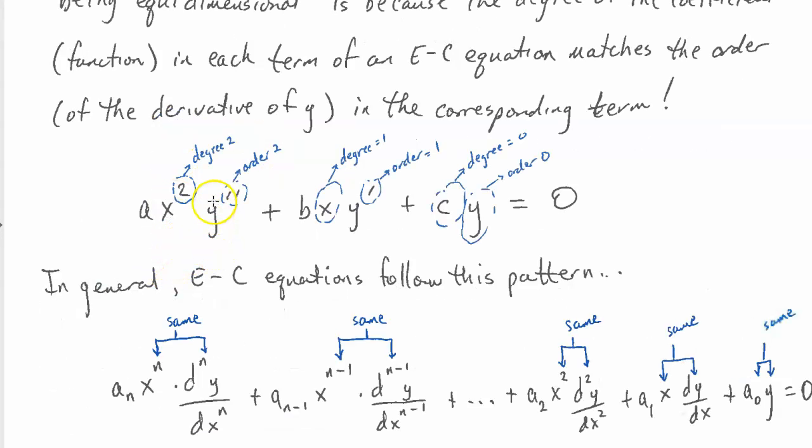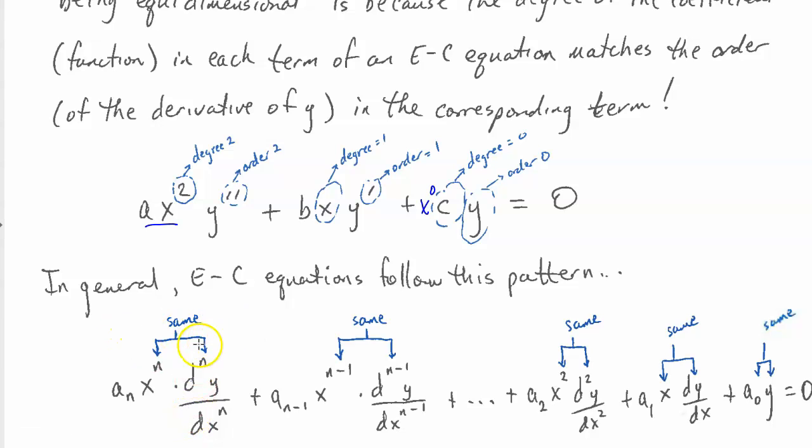So you can see here that a Cauchy-Euler equation in its standard form is going to look like this, where we're going to have some number times x raised to 2, number times x raised to the 1, and then of course this could be number times x raised to the 0 if we wanted it to be that way.